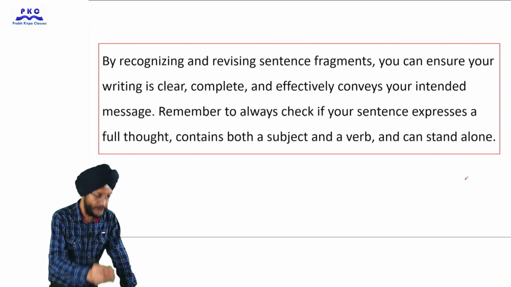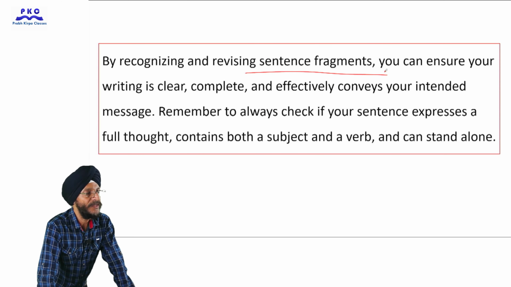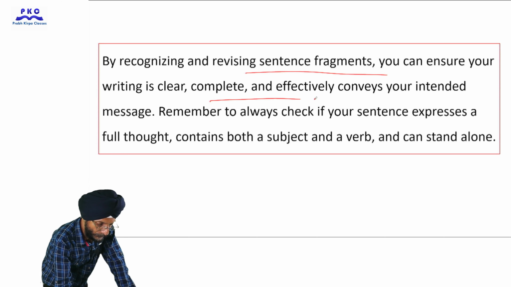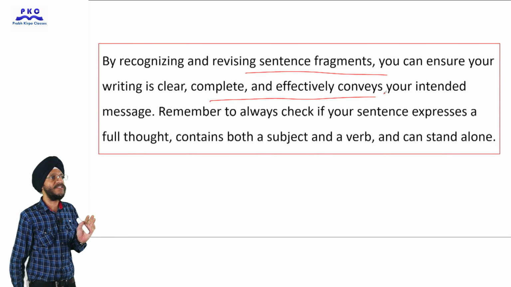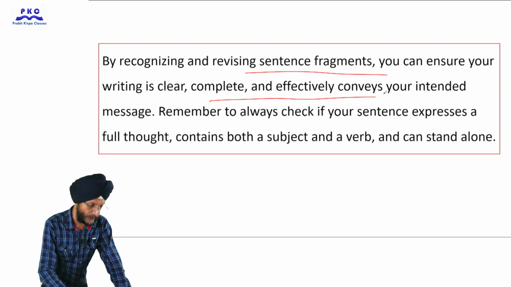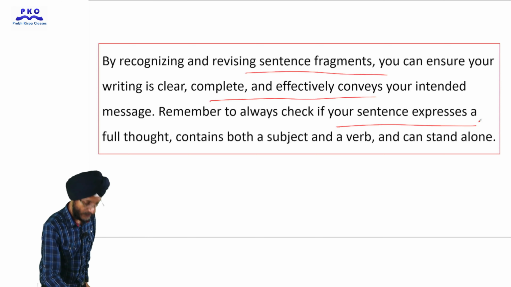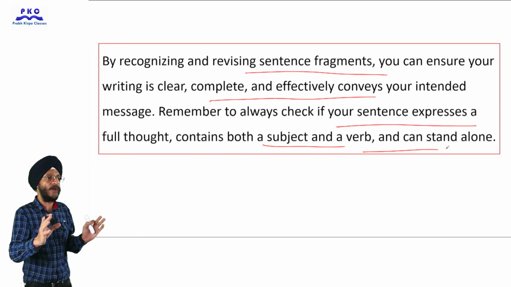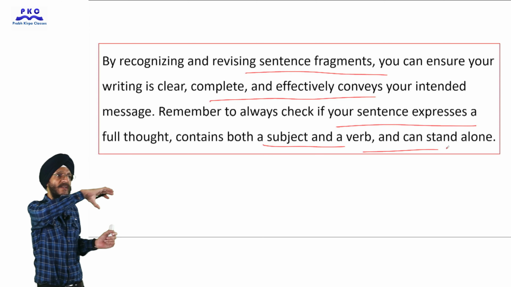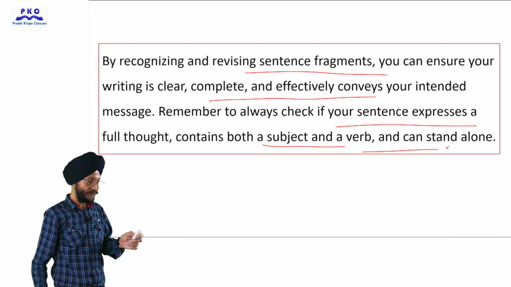By recognizing and revising sentence fragments, you can ensure that your writing is complete, clear, and effective, and conveys your intended message. Remember to always check if your sentence expresses a full thought, contains both a subject and a verb, and can stand alone. That is, it does not require any other words.